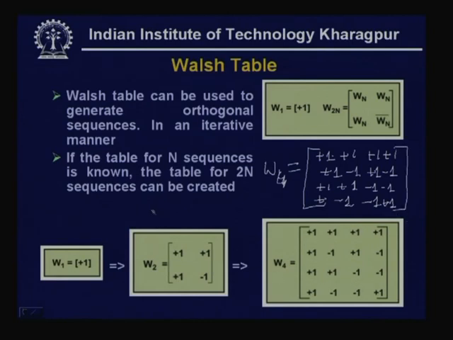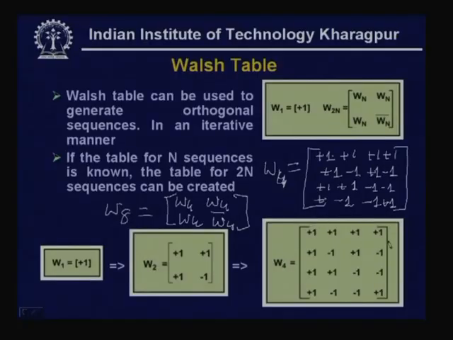Similarly, W8 can be generated. W8 will be equal to W4, W4, W4, W4 bar. So in this way you can generate the next bit sequences in an iterative manner. If the table for n sequences is known, the table for 2n sequences can be created, and it can be proved that these sequences satisfy the orthogonal property.